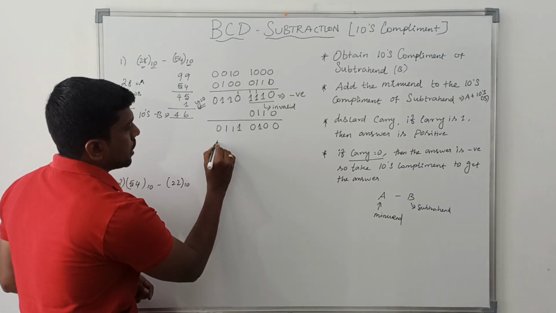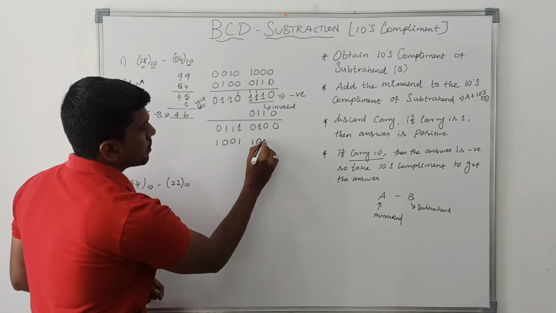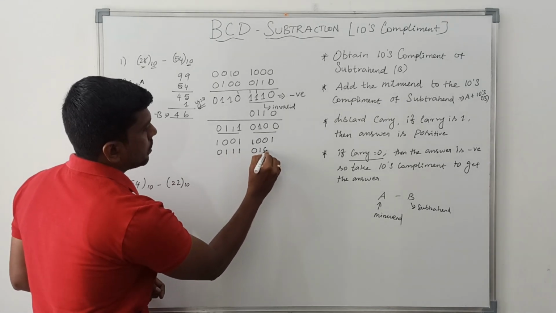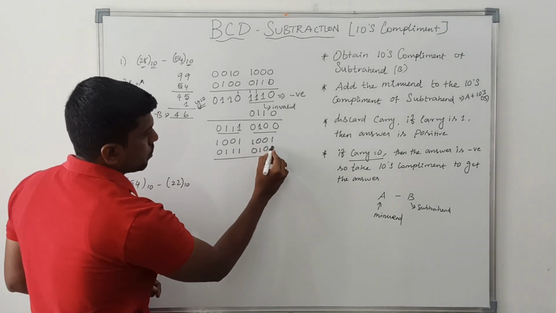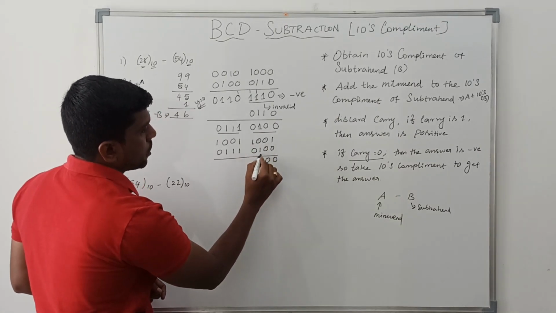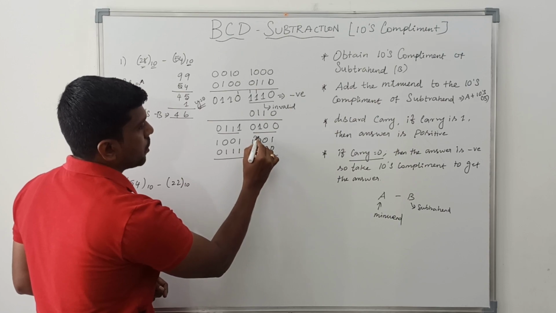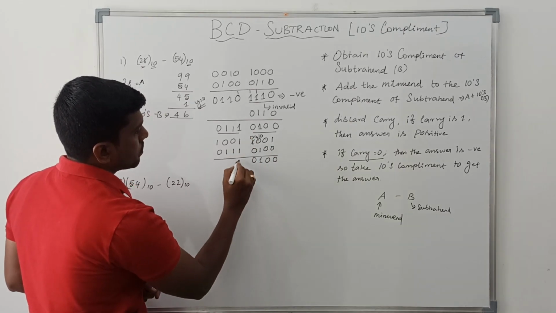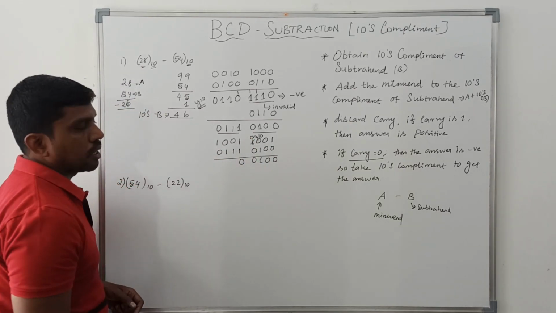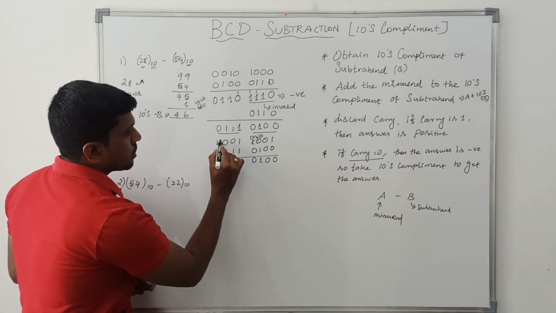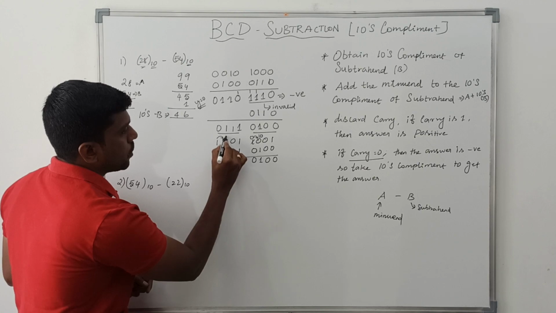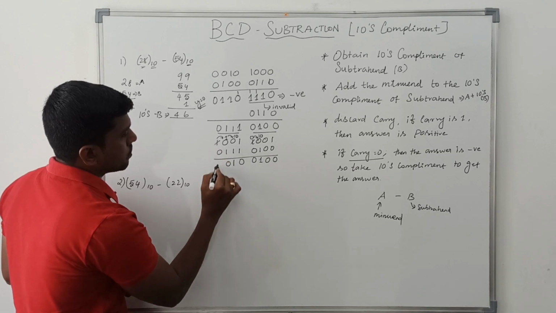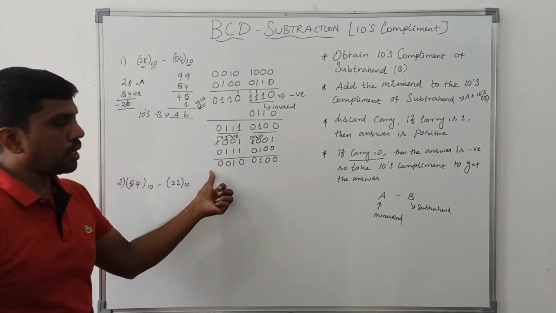Here first you take the 9's complement, so 99 minus this value. Subtract these two numbers: 1 minus 0, and 0 minus 1 is not possible, so you take a borrow from the nearest bit. Again 0 minus 1 is not possible, so you take a borrow from the nearest bit. So it's the 9's complement.